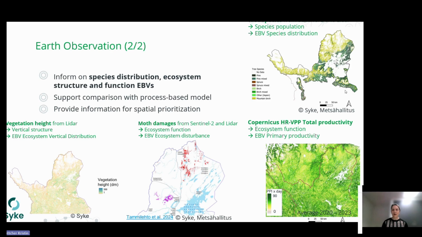I just give here one example of the Copernicus service on high resolution vegetation phenology and productivity. The total productivity is shown here. That informs on the ecosystem essential biodiversity variable primary productivity. So these different data sets or layers we try to utilize in support or in comparison with the process-based modeling, and also to provide information for this spatial prioritization that we aim for.